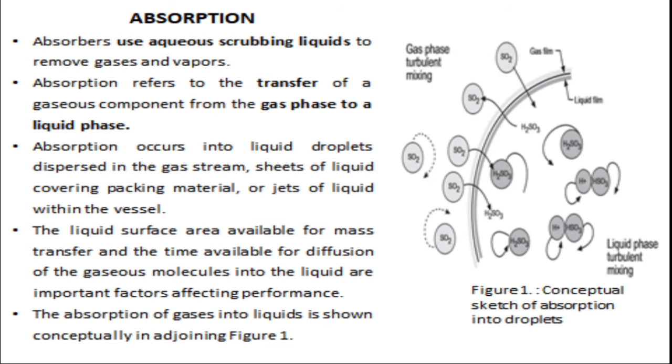This is possible because the absorbing liquid or scrubbing liquid is able to trap the molecules of the dirty gas, and the final product would be the release of clean gas.